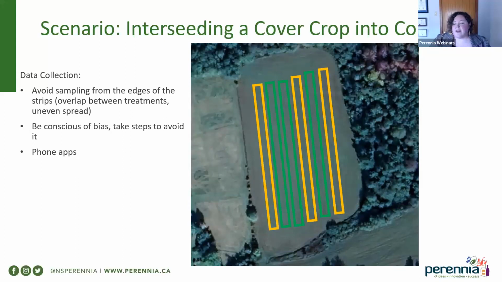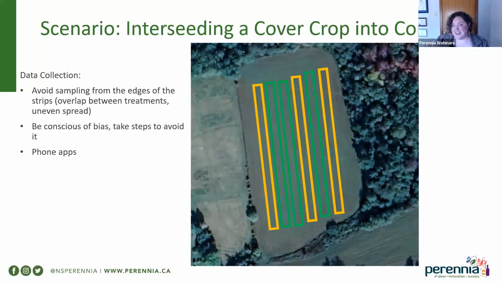The other thing is to be conscious of bias. It's not so much when you're getting a hard number like yield, but if you're looking at some of these more objective ratings, whether that's a disease or in this case, my cover crop ground coverage, it's really easy to be walking along and say, okay, I'm going to measure here.